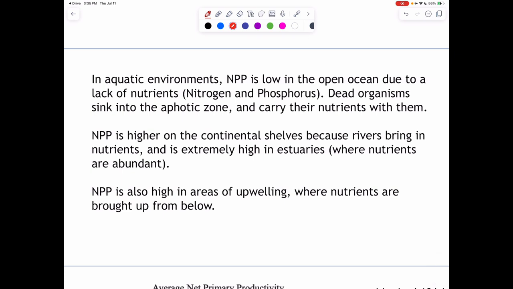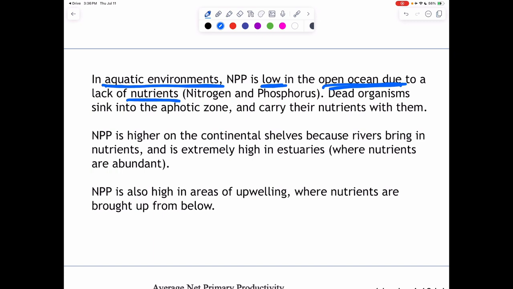Another thing we don't think about is our aquatic environments. In our aquatic environments, we actually have some areas of high NPP and some areas of low NPP. It is extremely low in our open oceans because we have no nutrients.